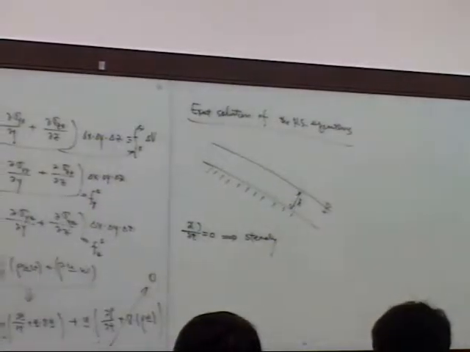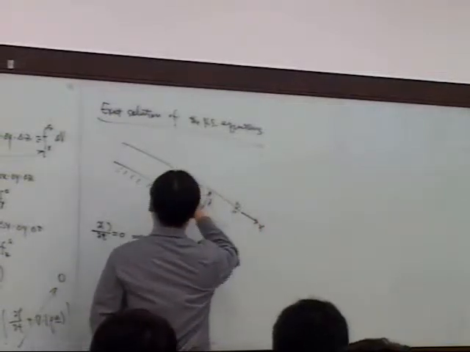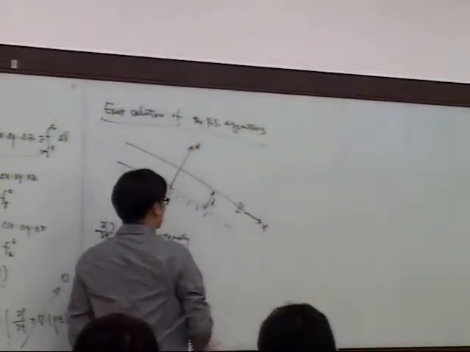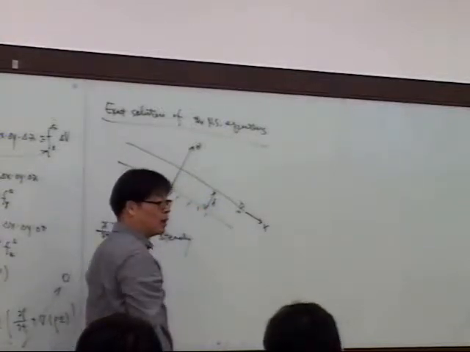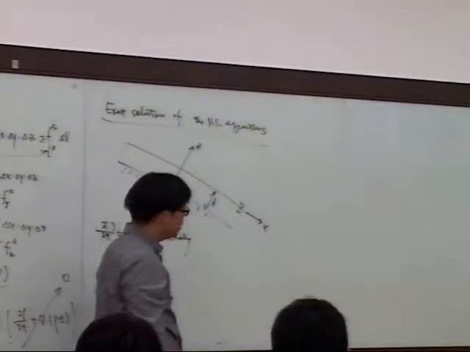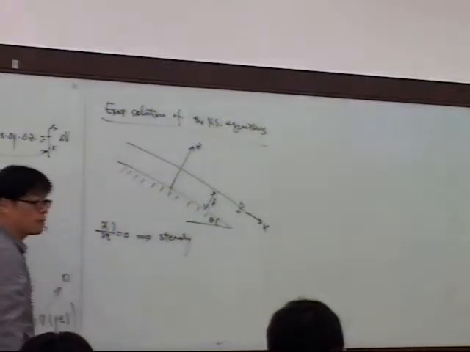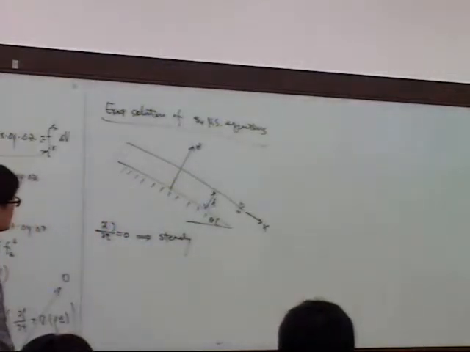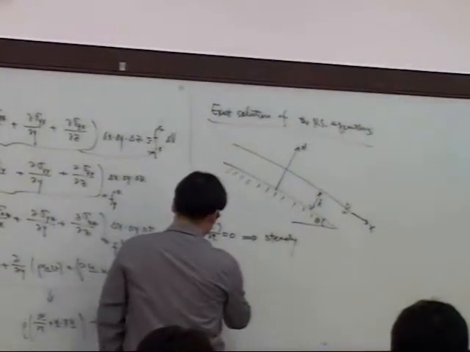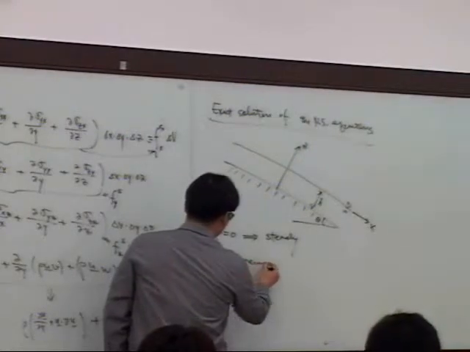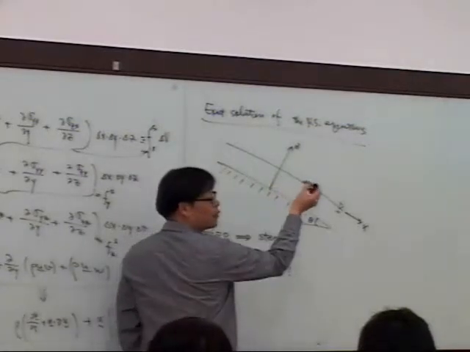And then, in addition to that, let me put my coordinate system like this. And z is perpendicular to my plate. And let's say this angle is theta. Also we assume the flow is two-dimensional. I'm making a lot of assumptions, okay? Meaning that the flow doesn't depend on the y direction.